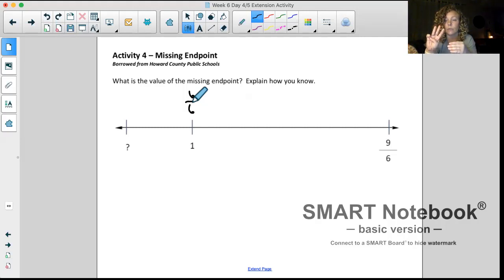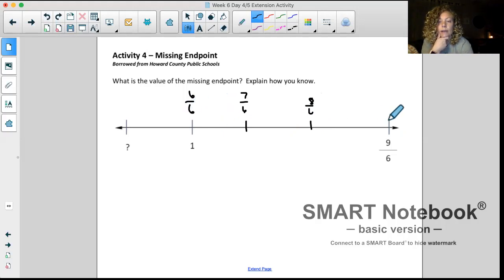And that's going to mean we need 2 lines to decompose or partition that into 3 parts. So we already have 6/6. We need 7/6 and 8/6. So I'm going to, right here, be about 7/6. And then right there is 8/6. And then we have 9/6 here.